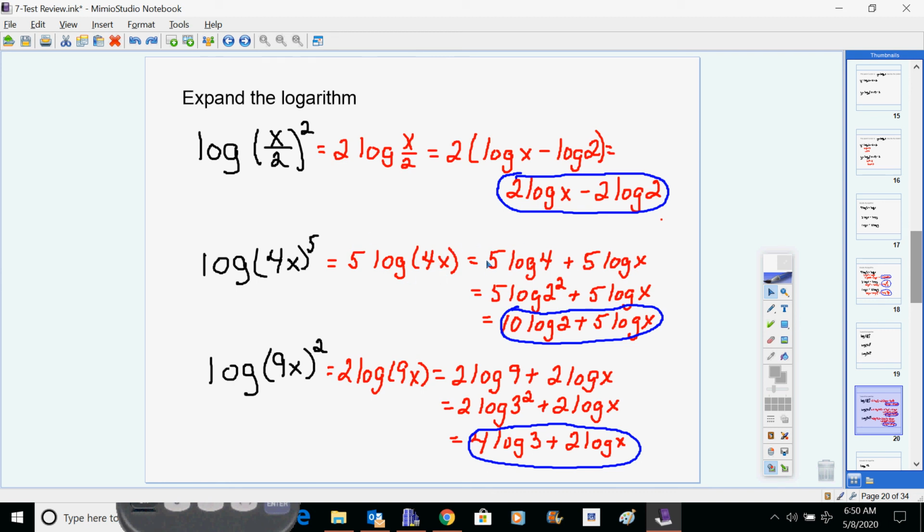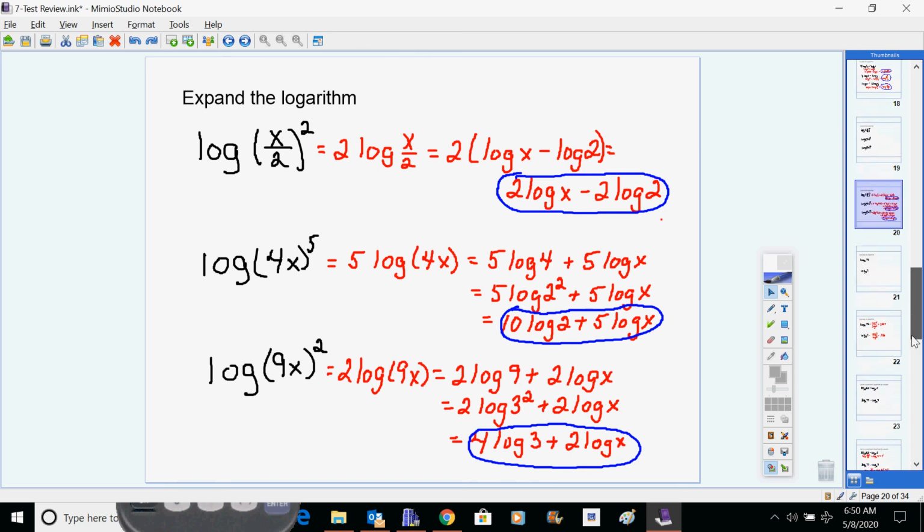If it's a multiplication problem, you expand it to being an addition of logarithms. And then finally, there's another one hiding here because 4 can actually be written as 2 squared, so you can bring this 2 to the front. Always check to see if there are any hidden powers. Like here, this 9 is a hidden power, so to make it completely expanded, you have to bring that other 2 to the front. So be careful with that.